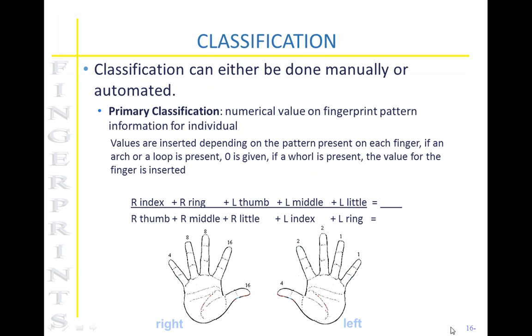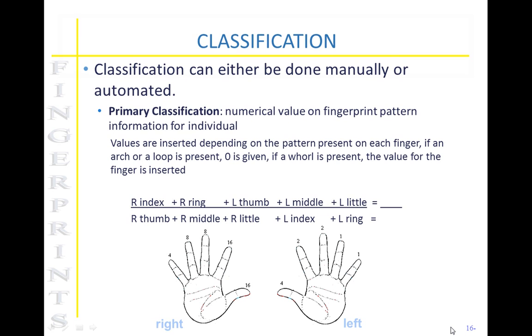Classification can either be done manually or automated. If we think about the manual classification, it is a primary classification system, which is a numerical value. This is done by inserting values into a formula according to the pattern that's present on each finger. If an arch or a loop is present, a 0 is given.